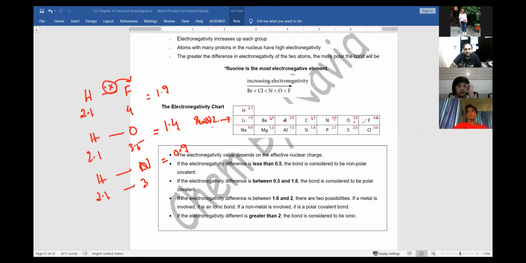So in period 2, first of all, they're very highly electronegative, and they also have just 2 shells. So it can pull the electrons the most strongly. Clear? Clear, everyone? Yes, sir.